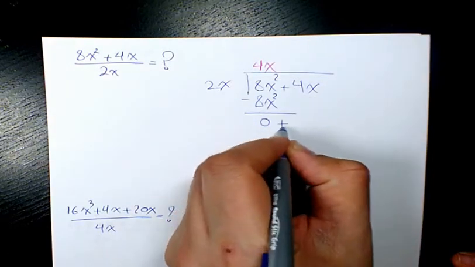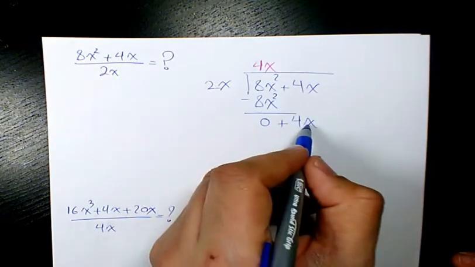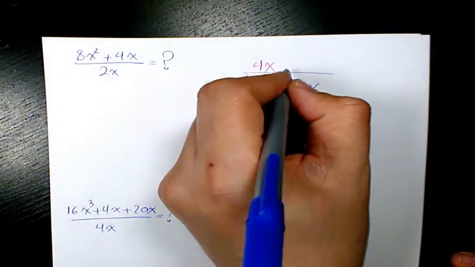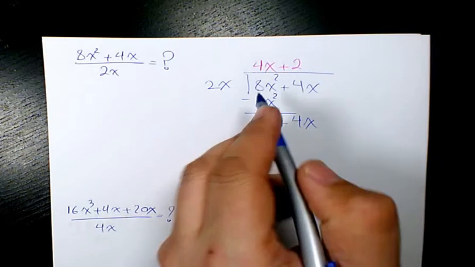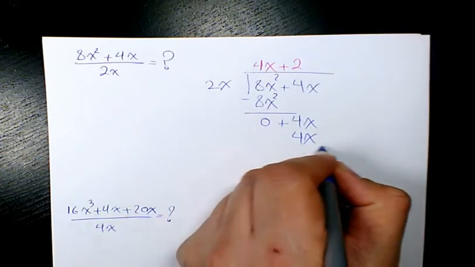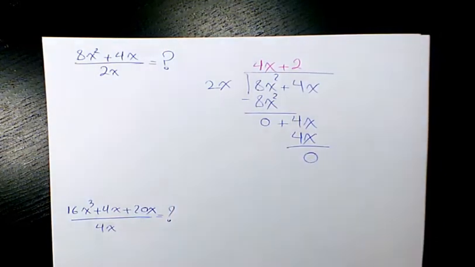Then you need to bring the next number down. 4x divided by 2x is going to be 2. So we have plus 2. And you multiply: 2 times 2x is going to be 4x. 4x minus 4x is going to be 0.